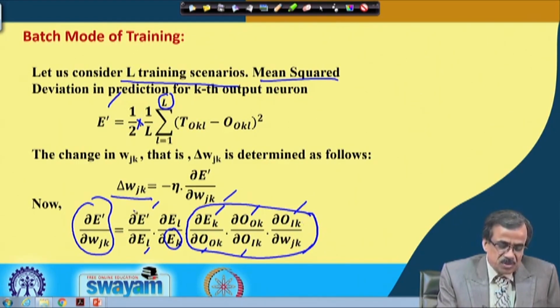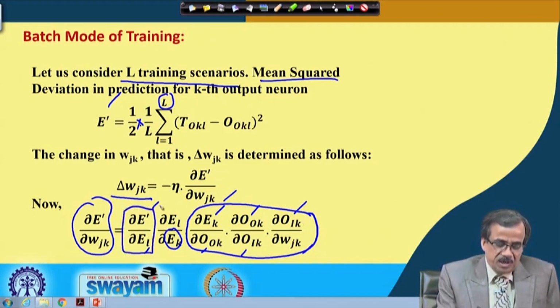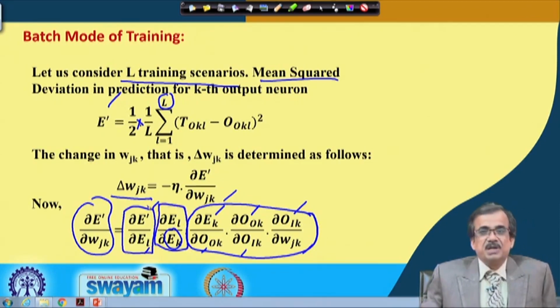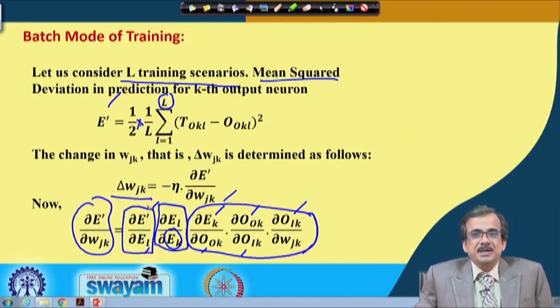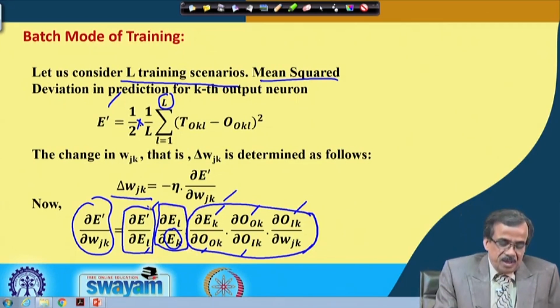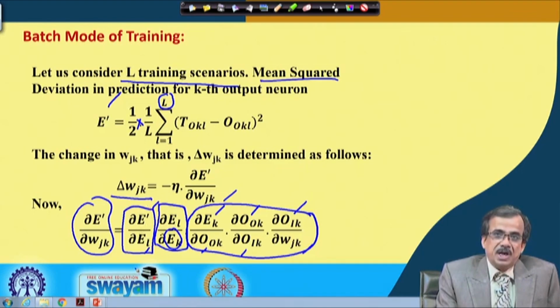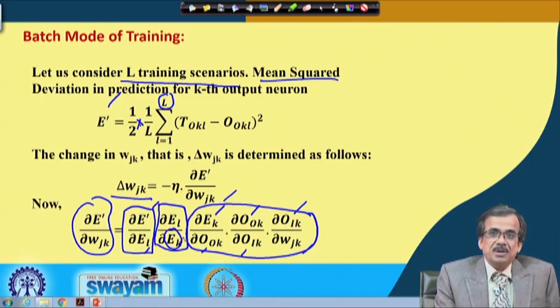But the first two terms indicate only the rate of change of E prime with respect to the lth training scenario, and the rate of change of error with respect to the lth scenario with respect to E_k, that is the error of the kth output neuron.